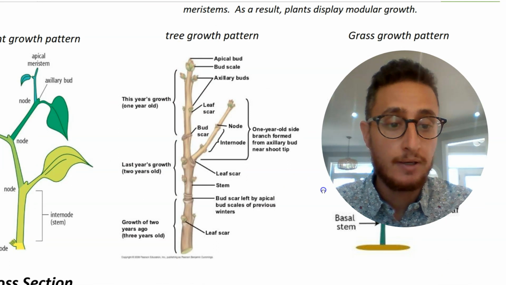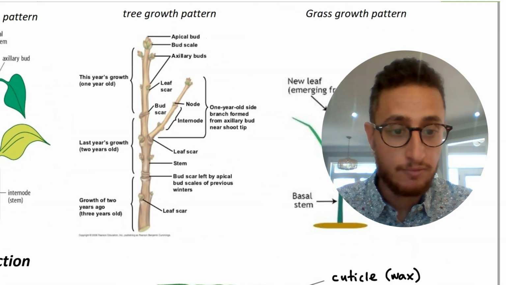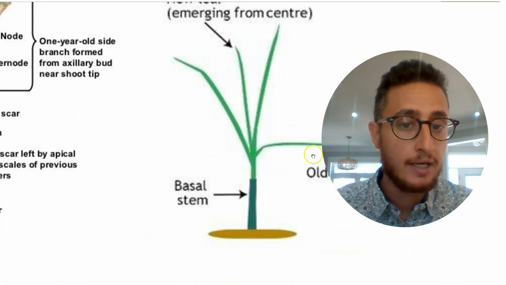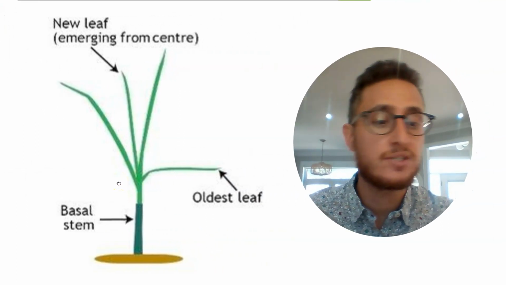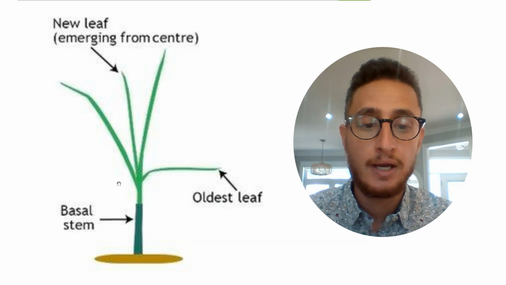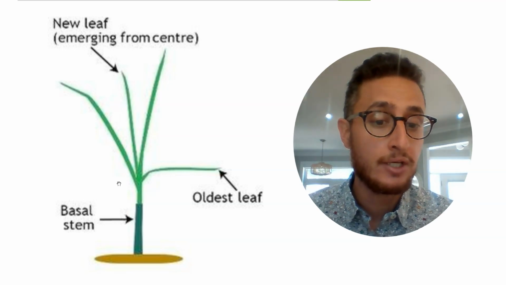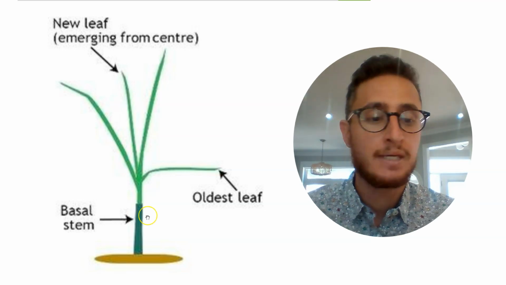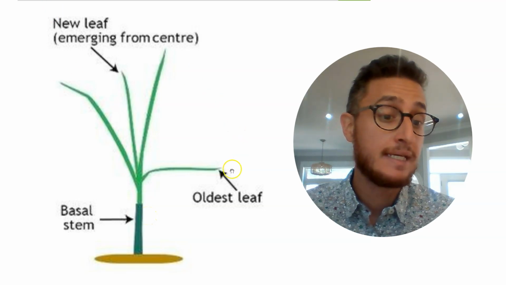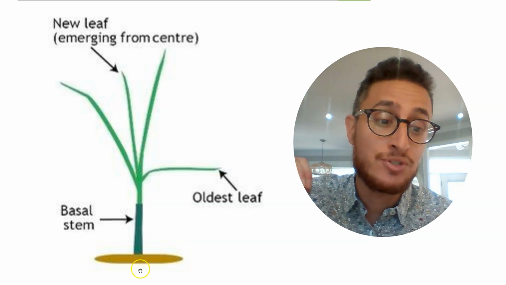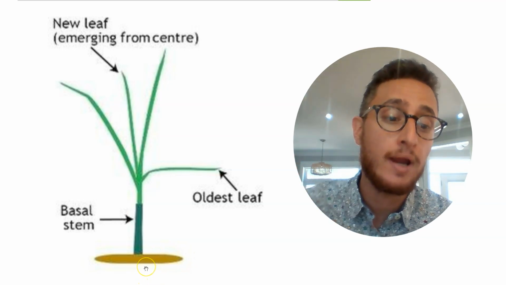And finally, I like to look at a very different kind of plant, grasses, as another example of how this same basic layout can be slightly rearranged to make a whole different kind of plant. So what's really neat about grasses is that they don't have an apical meristem on top. Instead, they keep their meristems just underground.